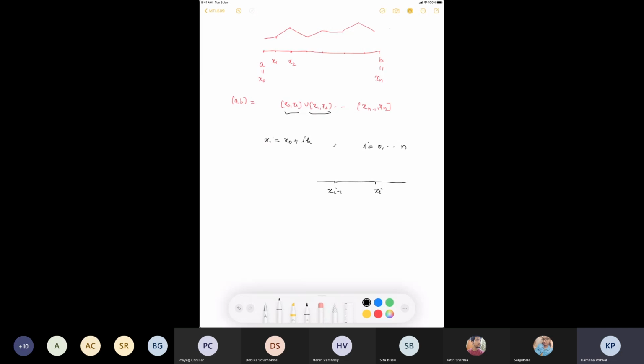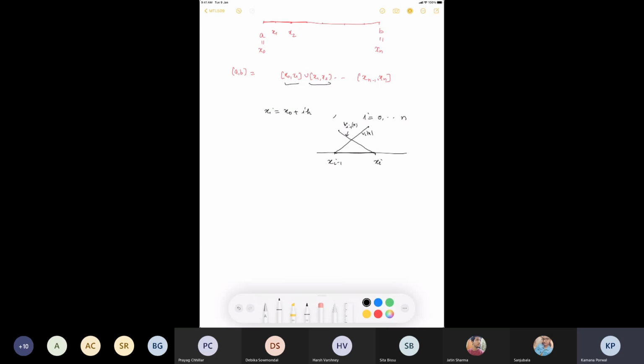The first basis polynomial takes the value 1 at xi-1 and vanishes at xi, and the other takes the value 1 at xi and vanishes at xi-1. You can name them, say, vi-1(x) and vi(x).